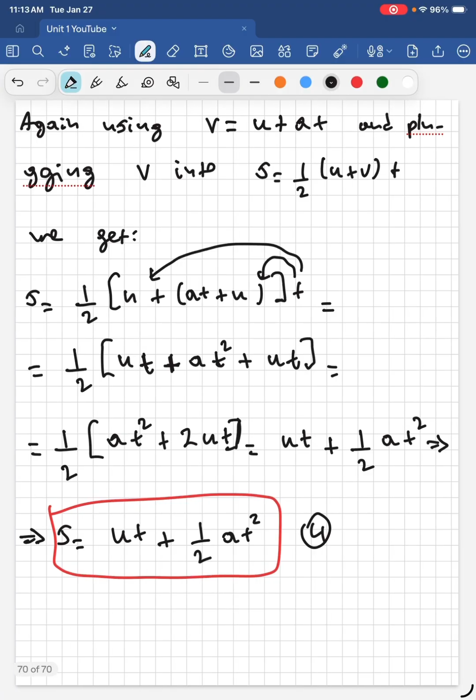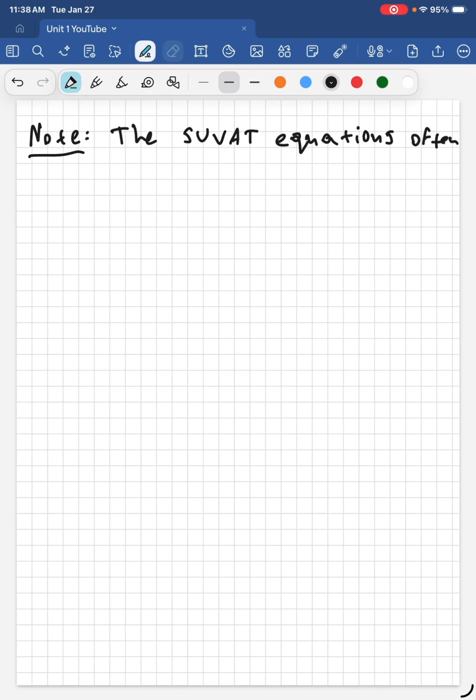Now I want to turn your attention to one more very important point when using the SUVAT equations that we need to clarify before moving on, and I'm going to write it here as a note. So note, the SUVAT equations often need to be used in 2 dimensions independently.